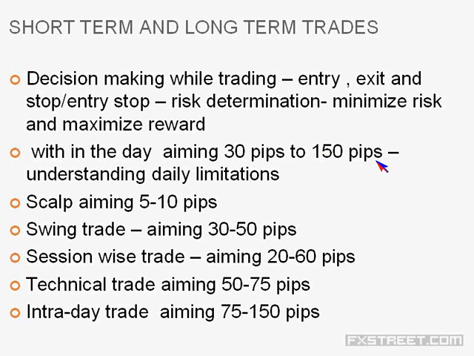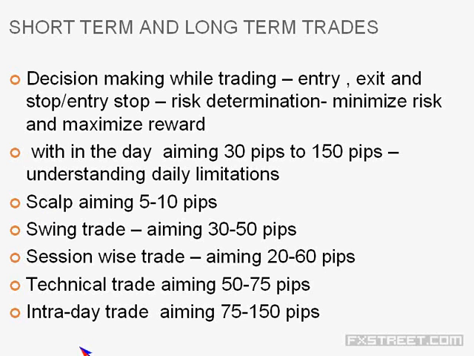Otherwise, you can make an intraday profit of about 100 to 150 pips, because that is a daily limitation. Beyond that, you will not be able to take it. Otherwise, you close the position next day, and when an opportunity comes, you can do the second trade. There is no harm in entering and exiting the market, and don't be possessive of your positions.